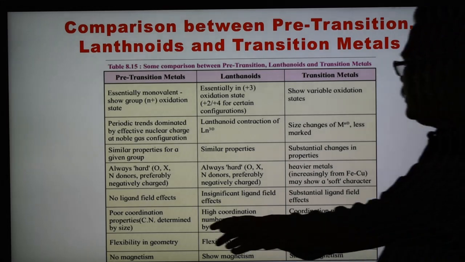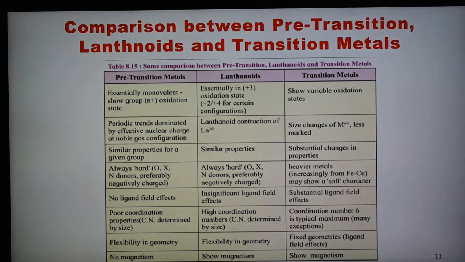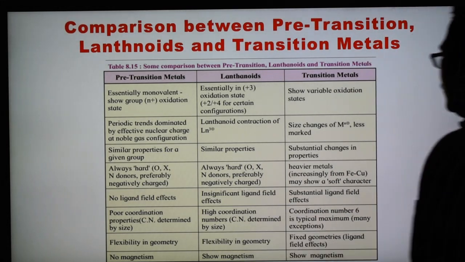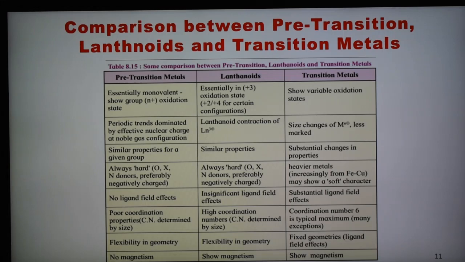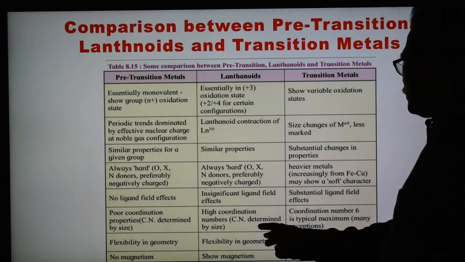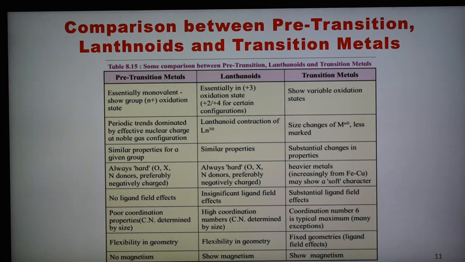Here is another point: poor coordination properties, coordination number determined by the size, and here high coordination number. CN is coordination number determined by size, and coordination number 6 is the typical maximum, with many exceptions.